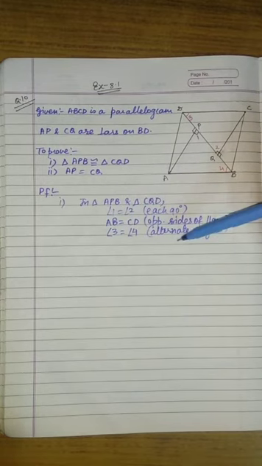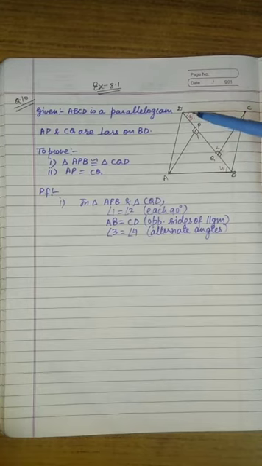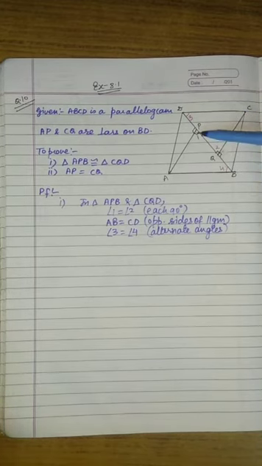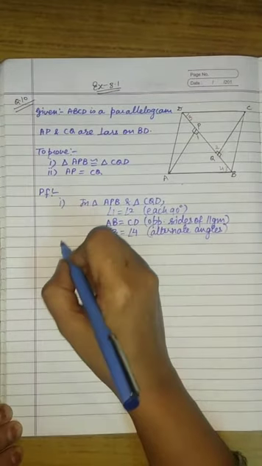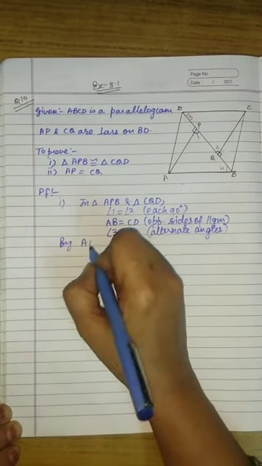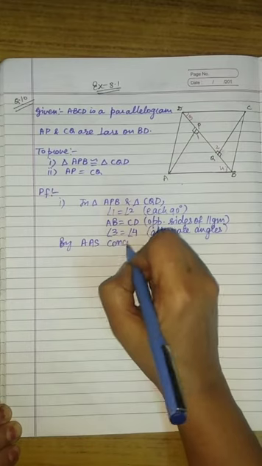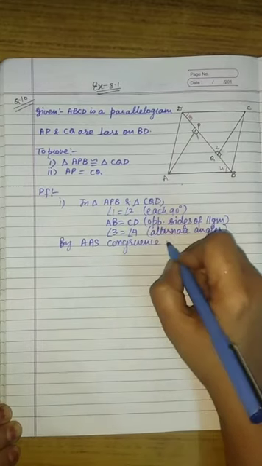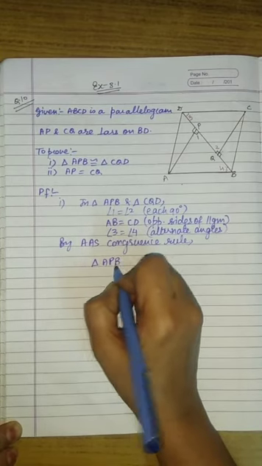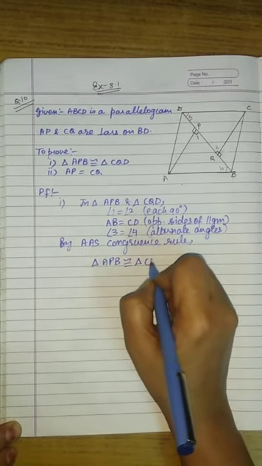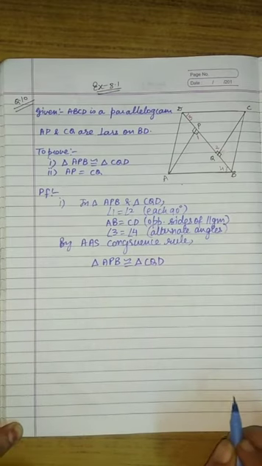Now both the triangles are congruent by angle angle side. So we will write here, by angle angle side congruence rule, triangle APB is congruent to triangle CQD.